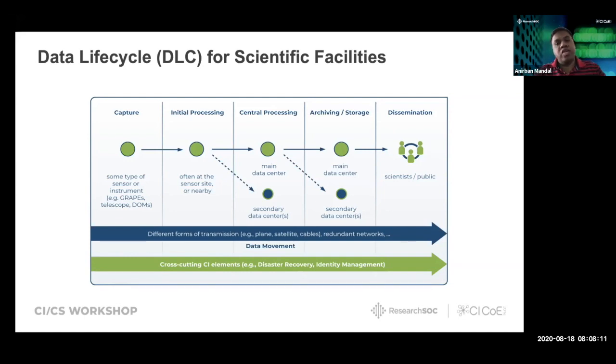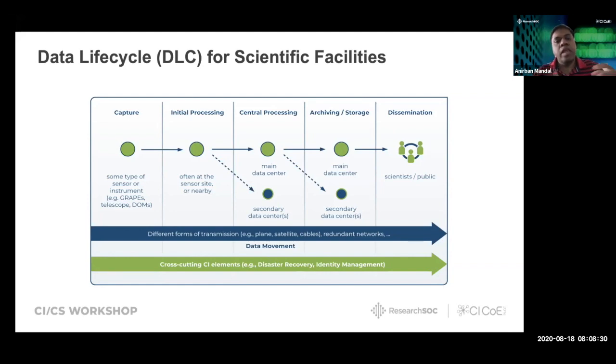It could be a distributed set of resources. It could be campus clusters. It could be the NSF supercomputers. It could be XSEDE. It could be OSG. It depends on what facility accesses what kind of compute resources, right?